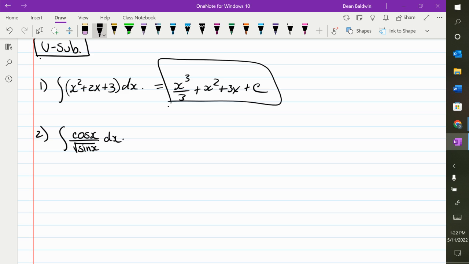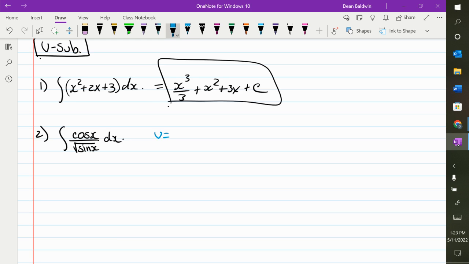So you have to do U substitution. 99% of the time, what is U going to be? Whatever's in the radical, or if it's brackets to a power. It's not all the time, but the vast majority, that should be your go-to to try.